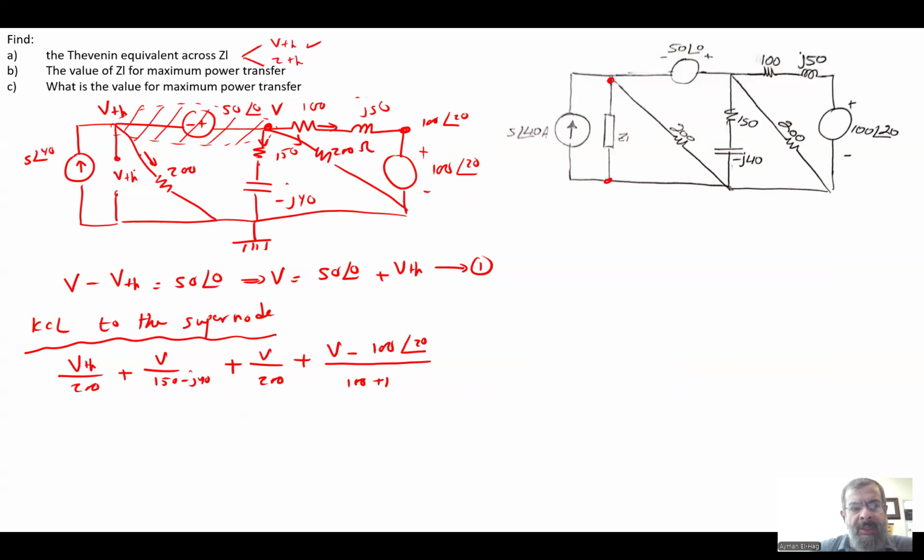So these are all currents leaving. This current is entering, so this is equal to 5 angle of 40. So this is my second equation.